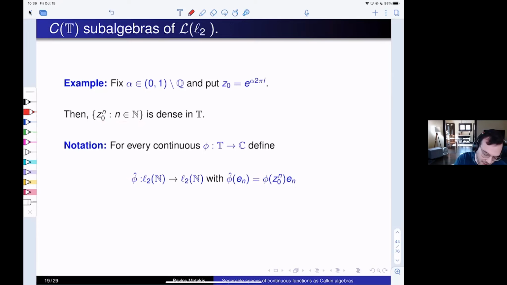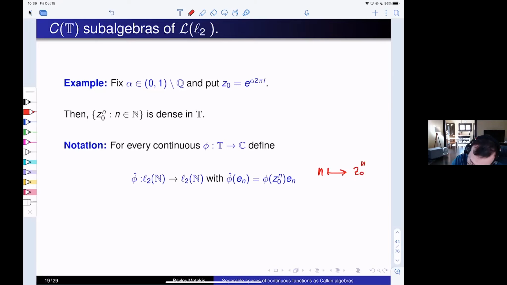So I make an identification between the nth element of the unit vector basis of L2 with this nth element of my dense subset of the torus. I identify the natural numbers as an index of the basis of the Hilbert space with this dense subset of the torus.